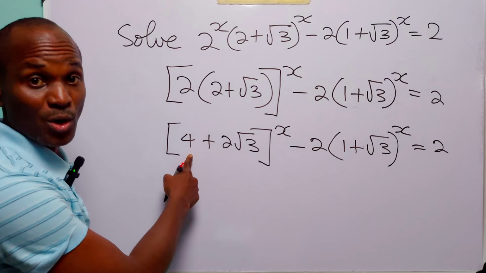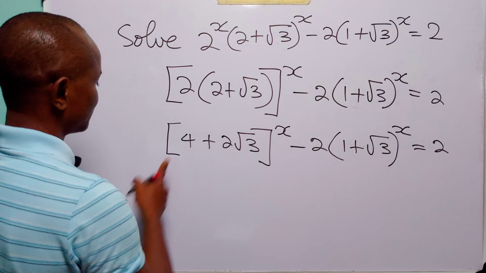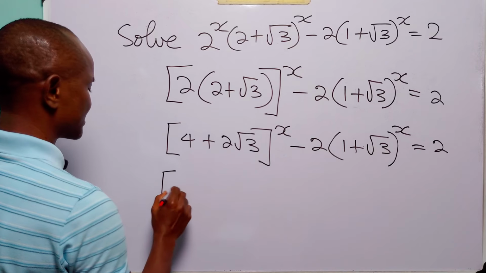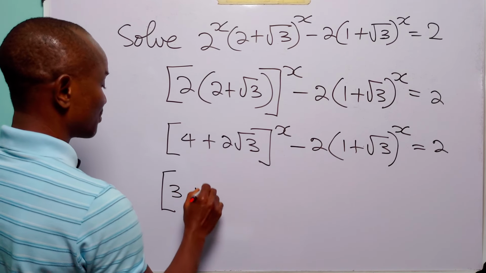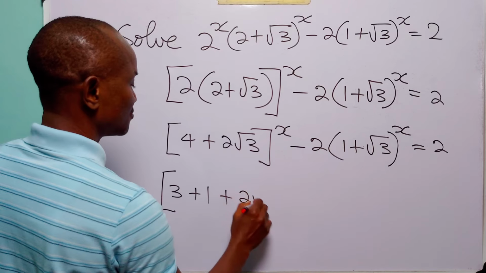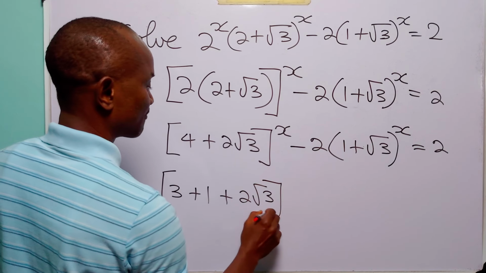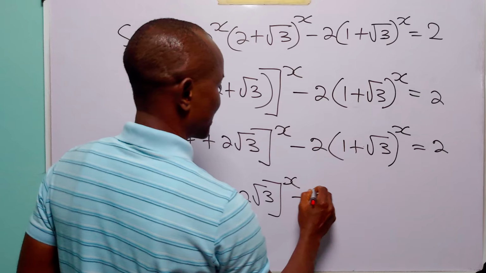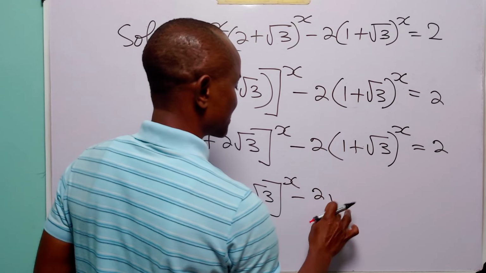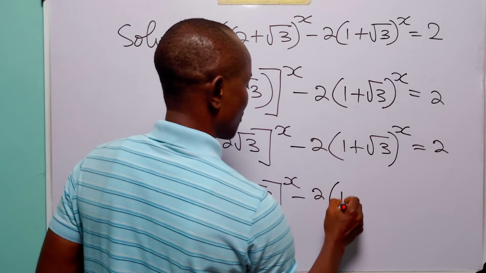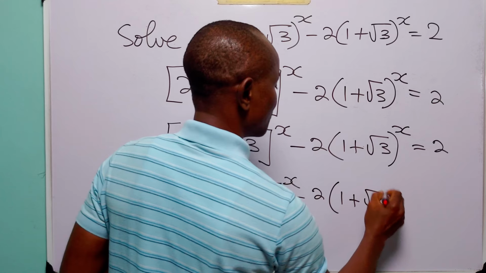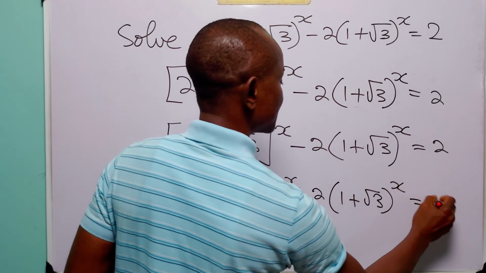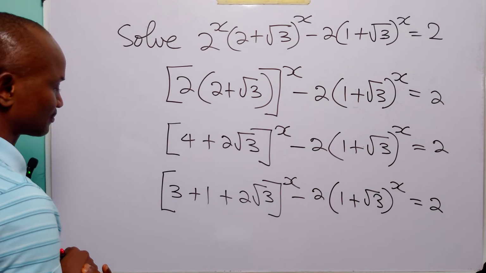Of course, you know that 4 is equal to 3 plus 1. So this can be written as 3 plus 1 plus 2 root 3 all to the power x. And here we have minus 2 multiplied by 1 plus root 3 to the power x, and this is equal to 2.